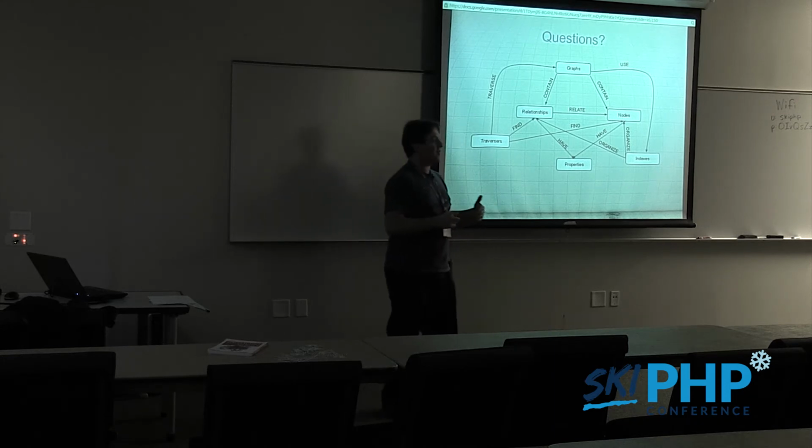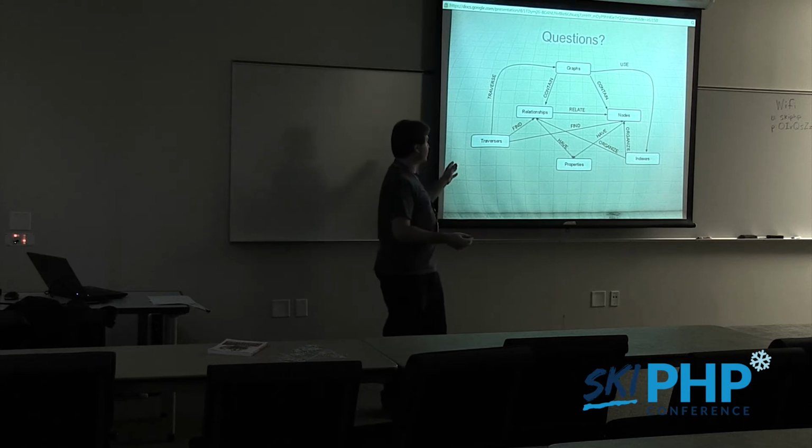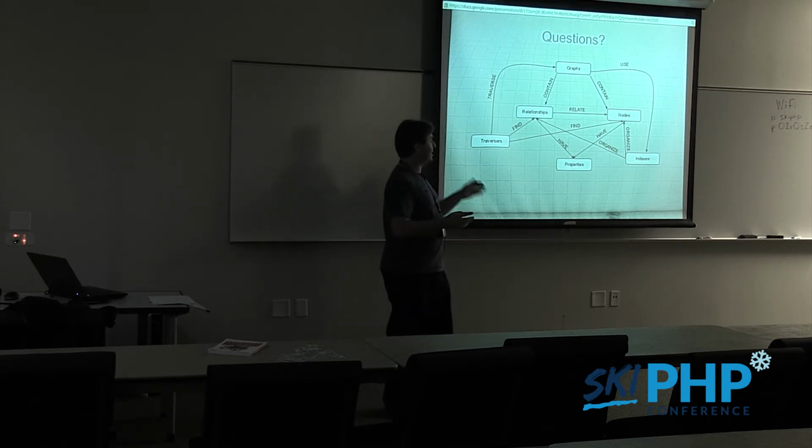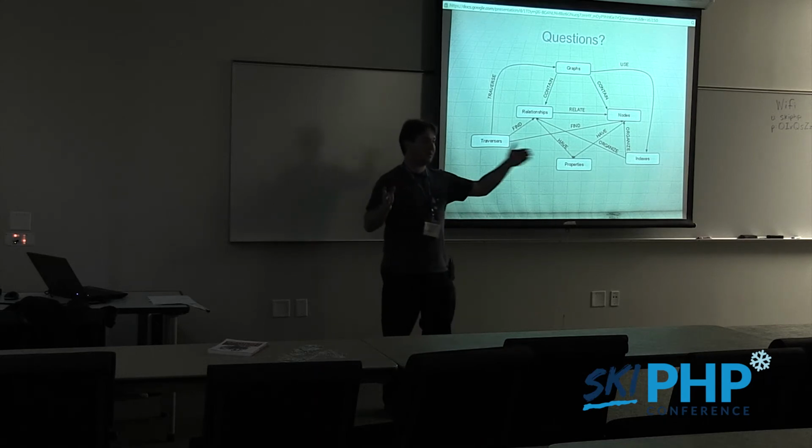And rather than saying, find me the shortest path, which treats all relationships as a unit of one, so the shortest path between three nodes is two relationships.